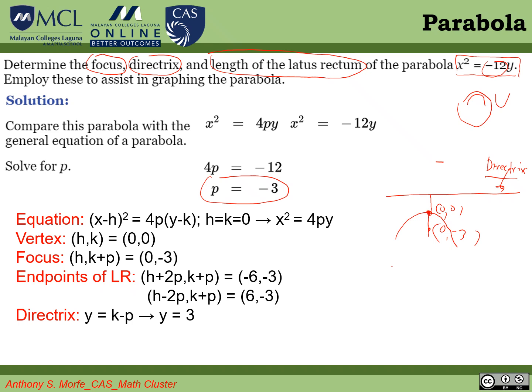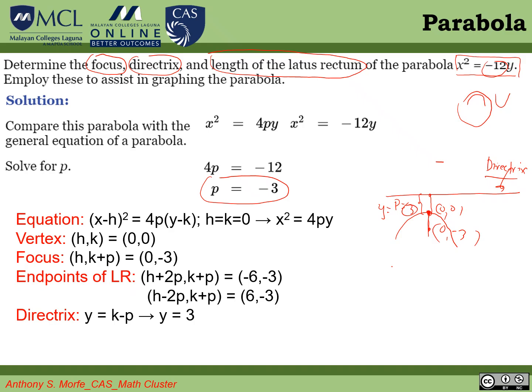Our p is -3 from the vertex, but the directrix is also p units from the vertex. This is 0, 0, so y is 0 here. So 3 units up, that is +3. So y is equal to p equal to 3, positive.